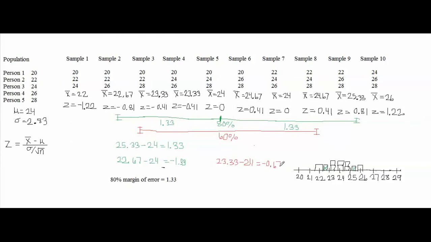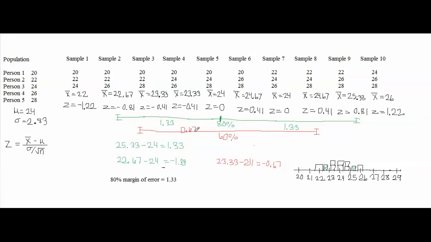So that's this distance from this sample mean to the population mean. The distance is just 0.67. The distance won't be a negative number.